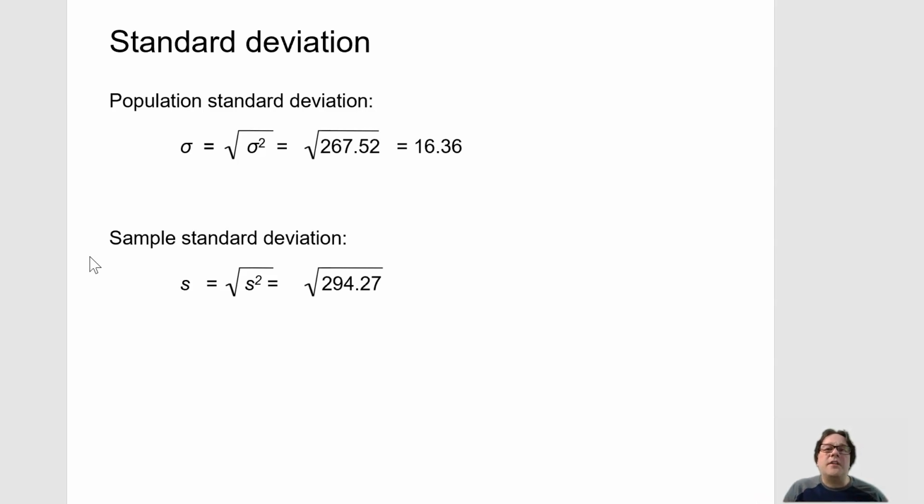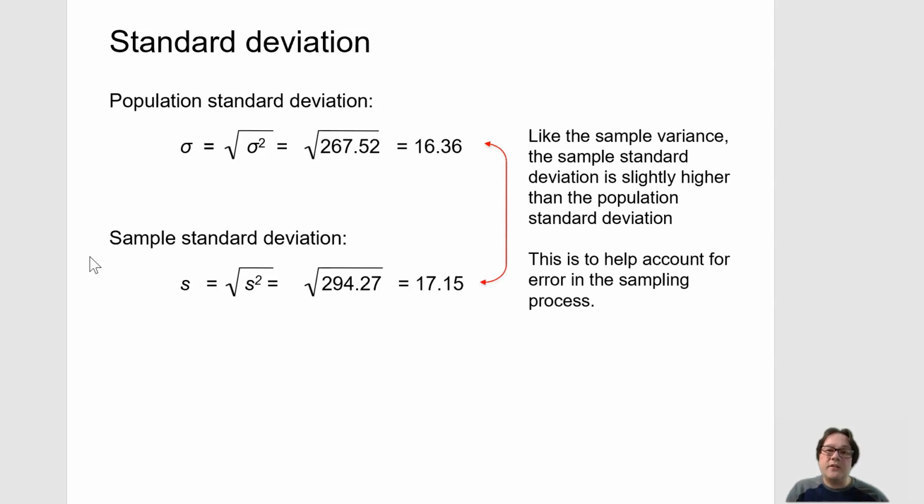So our sample variance was 294.27. Getting the square root of our sample variance, we get a standard deviation of 17.15. So you see again the difference between these two values.